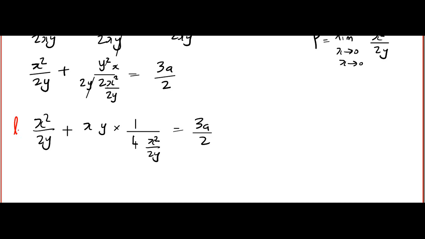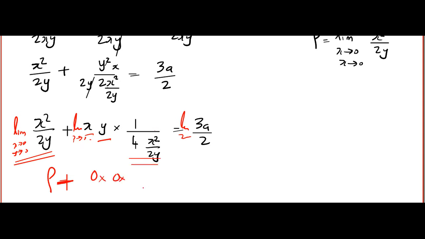In examination, you have to write limit x tends to 0, y tends to 0, limit x tends to 0, y tends to 0. So what's this? Rho plus 0 into 0 into any count, that will be rho. So that is going to be 1 by 4 rho is equal to 3a by 2. That's it. So radius of curvature is 3a divided by.